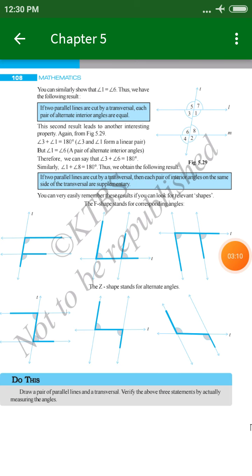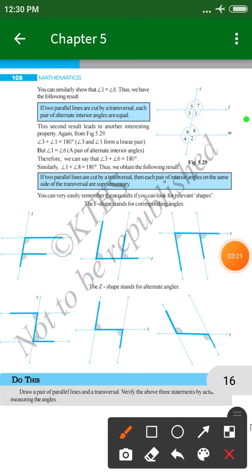And here we see some different types of angles formed by such transversal lines. Here see, this is the transversal line example. According to this figure we have to see some different structures in the figure. Observing this figure and this one, they have an F-like structure.